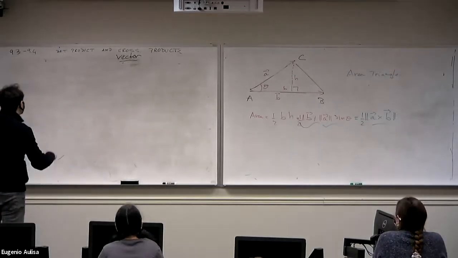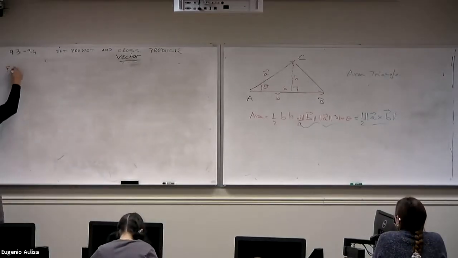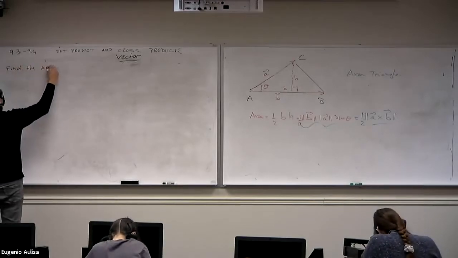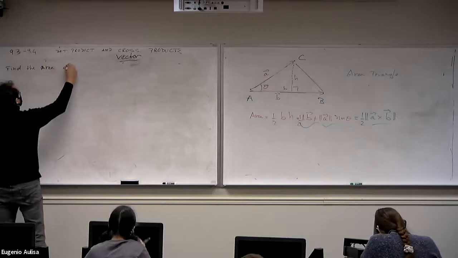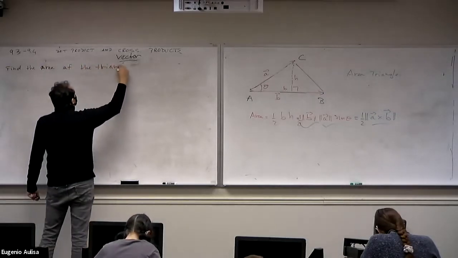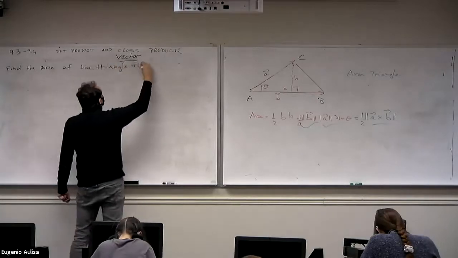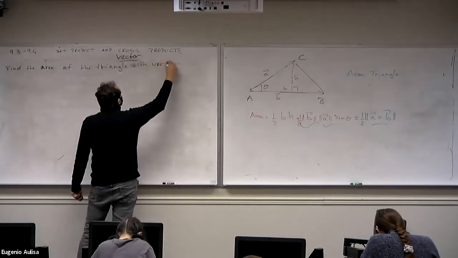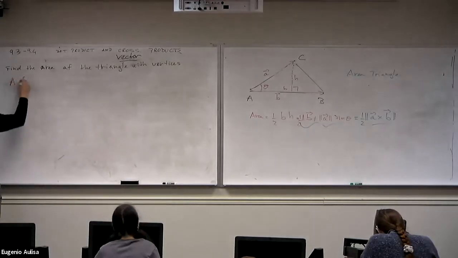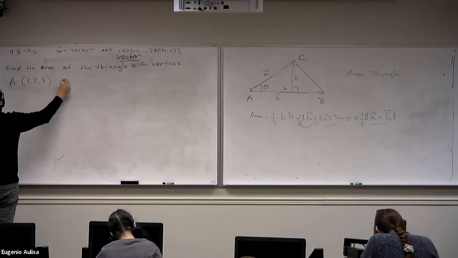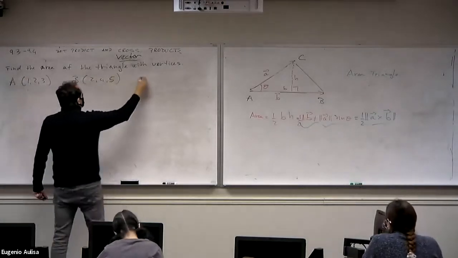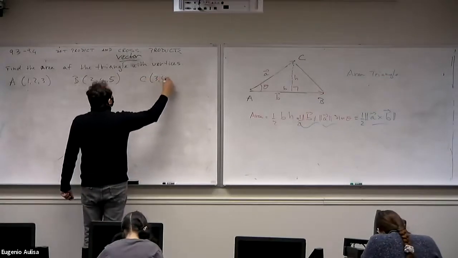Find the area of the triangle with vertices A (1, 2, 3), B (2, 4, 5), and C (3, 4, 7).